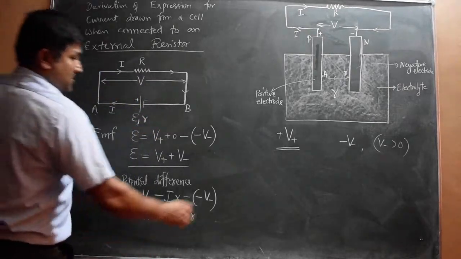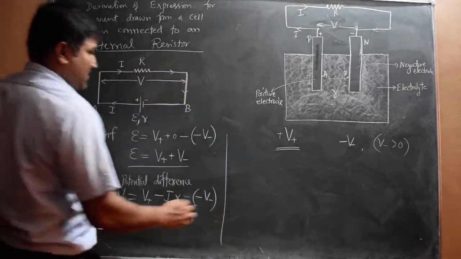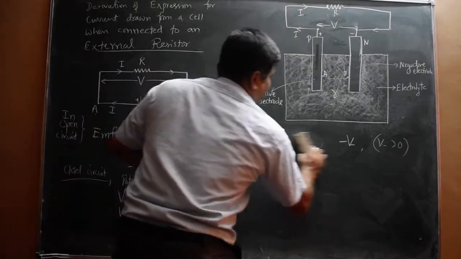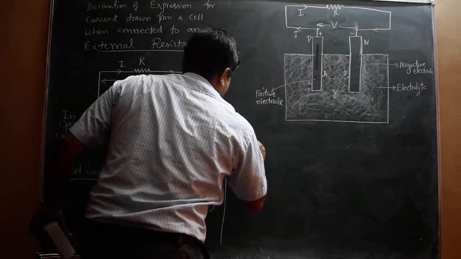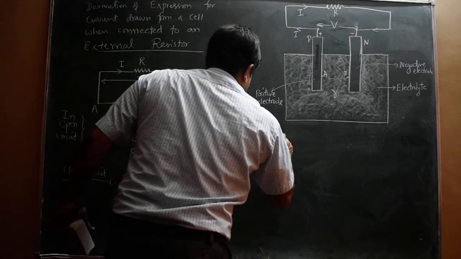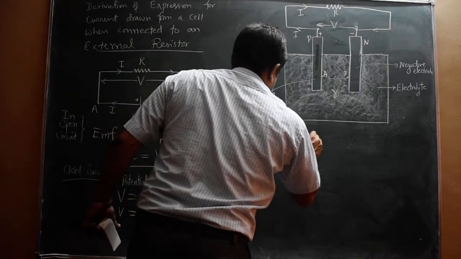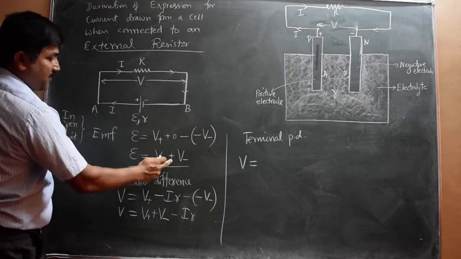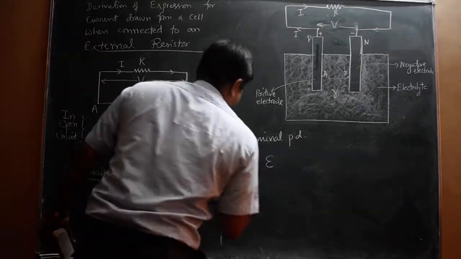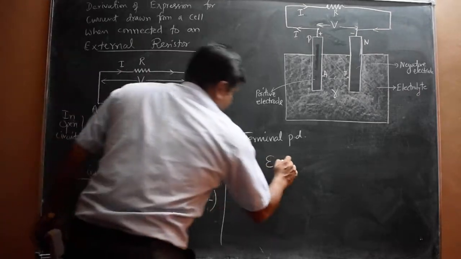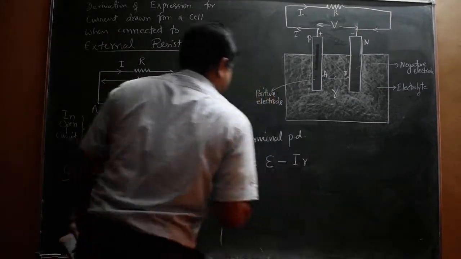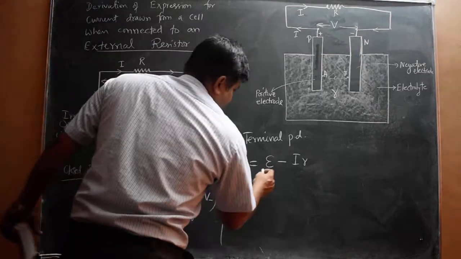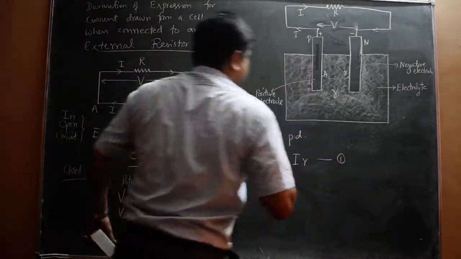So I can write the terminal PD V equal to, now V plus plus V minus is nothing but the EMF epsilon, so EMF epsilon minus I into R. This is equation 1.